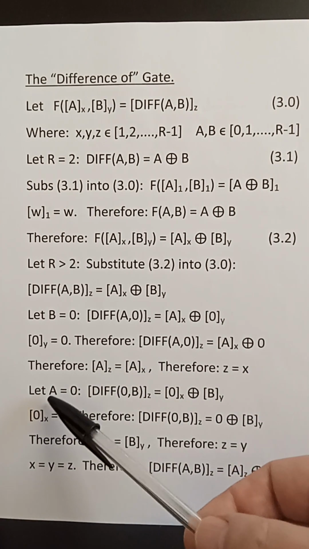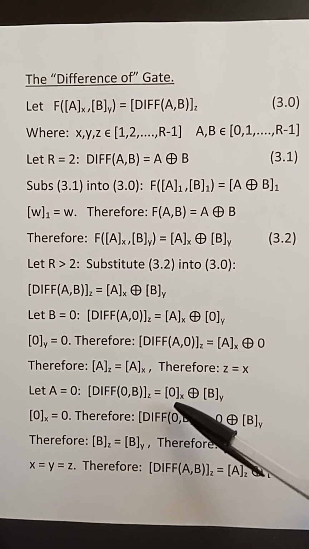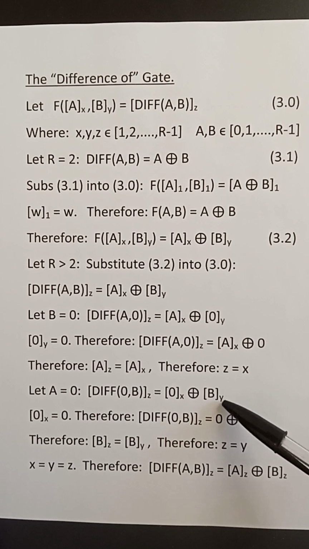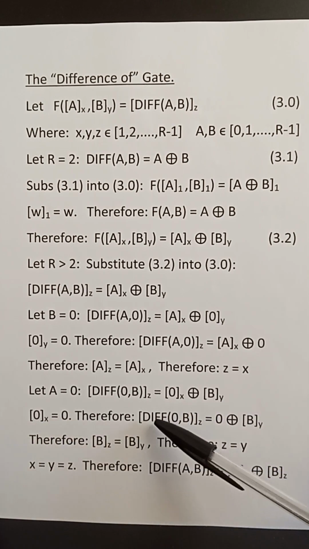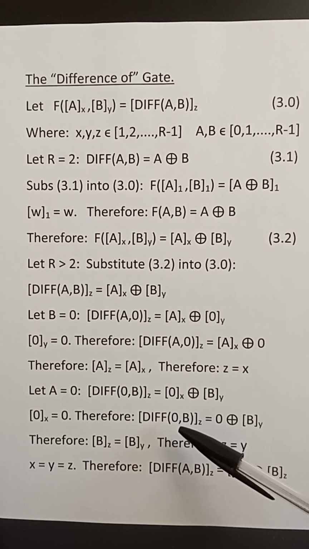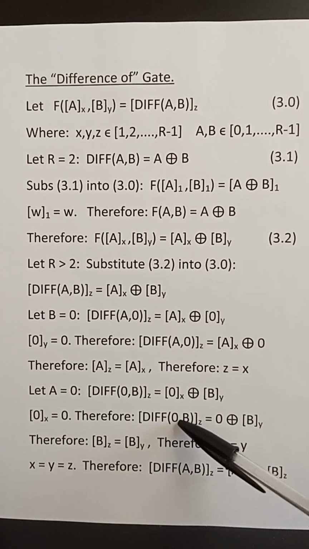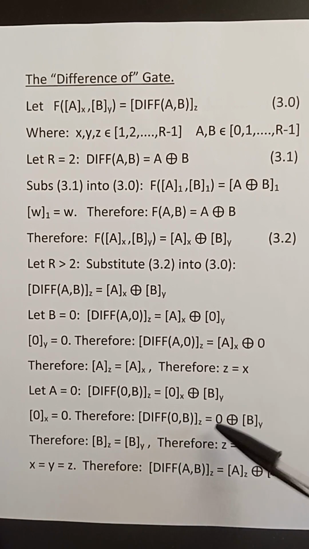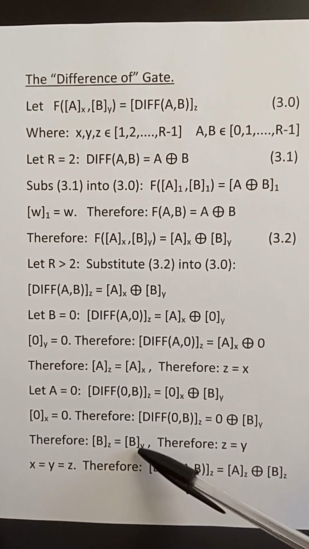So now we'll let a equals 0, difference(0,b)^z equals 0^x exclusive or b^y. 0^x equals 0, therefore difference(0,b)^z equals 0 exclusive or b^y. So this equals b, and 0 exclusive or b^y equals b^y. Therefore b^z equals b^y.